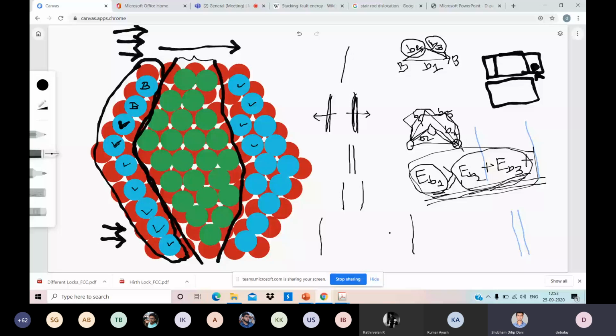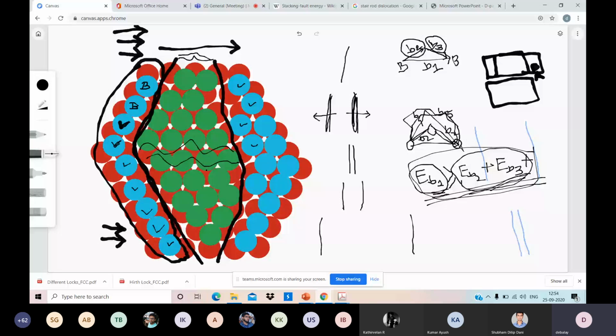Stacking fault energy. You understand my point? What will be the width of this stacking fault region? Here I am showing a stacking fault region of width W, say maximum width.